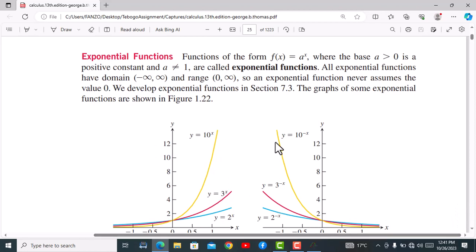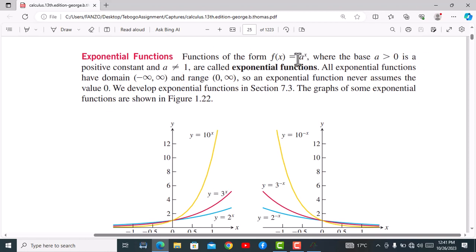And then they talk about the exponential functions. Functions of the form f of x equals a to the x, where the base a is greater than 0, a positive constant, and a is not equal to 1, are called exponential functions.